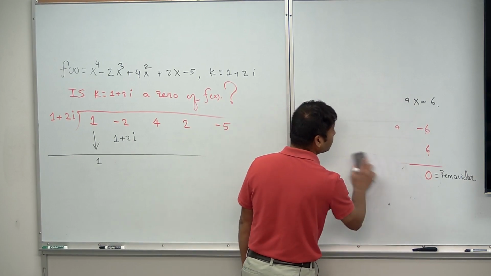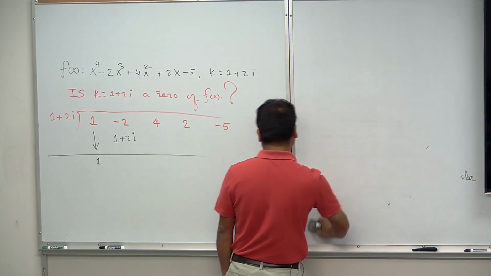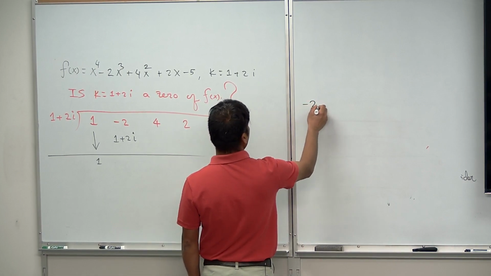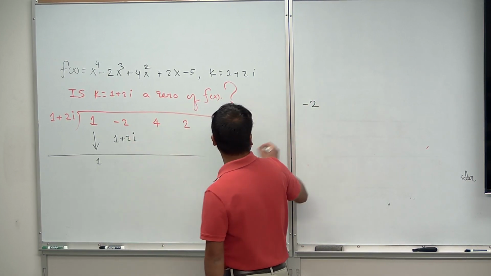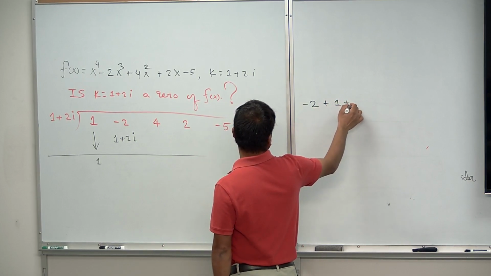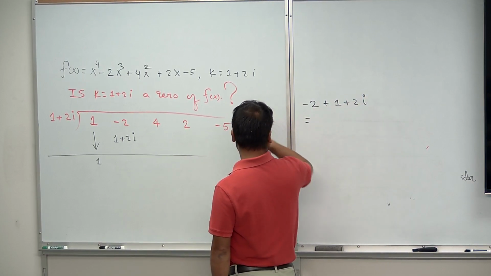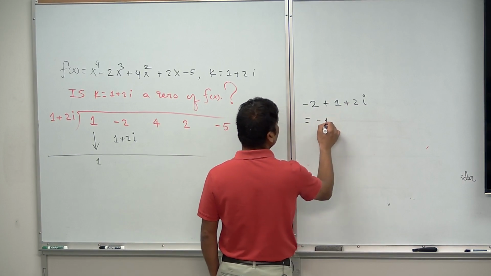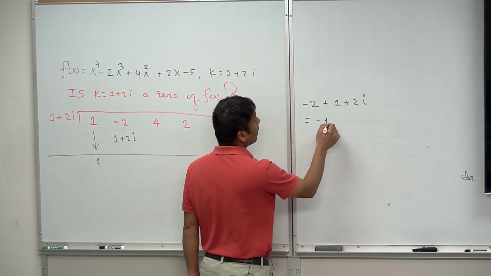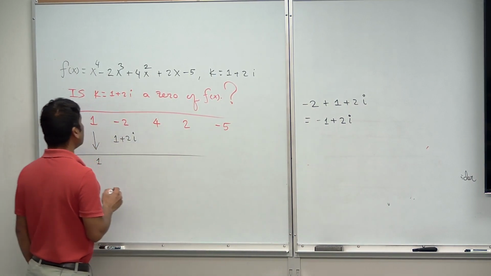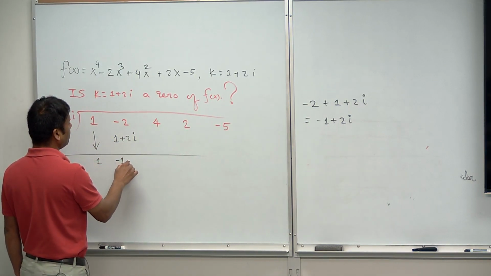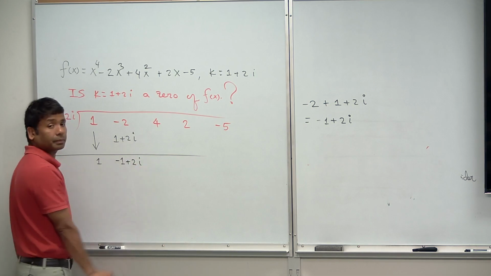So -2 plus 1 is -1. So this is -1 plus 2i.